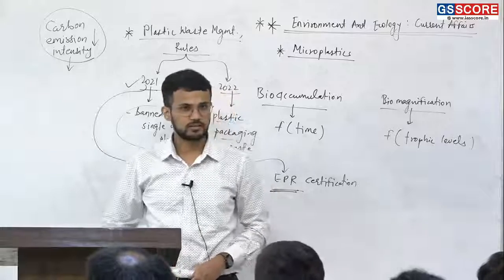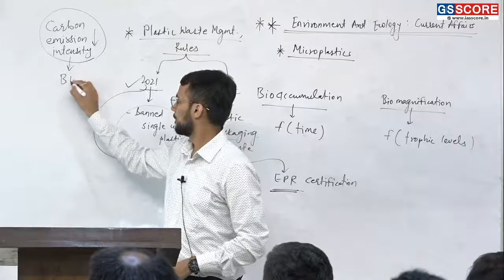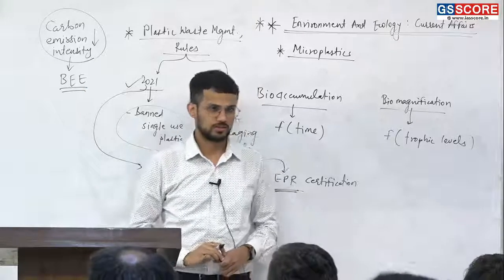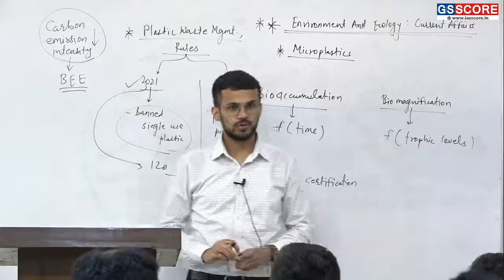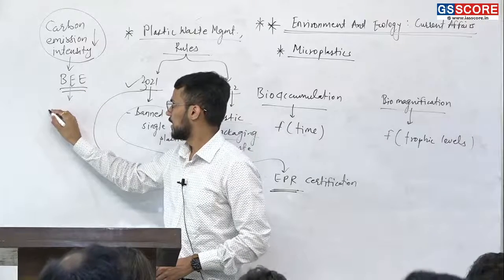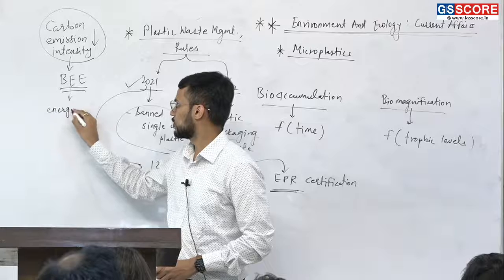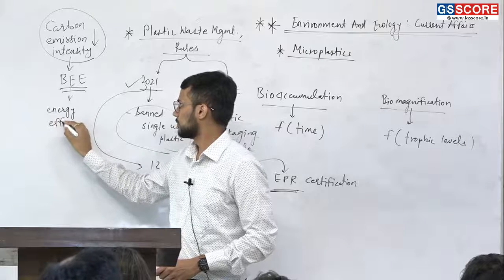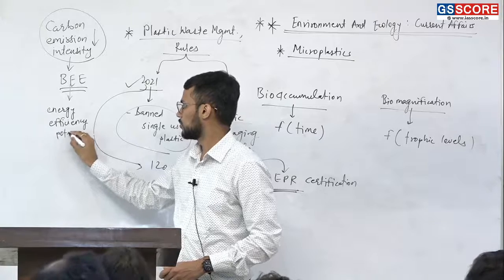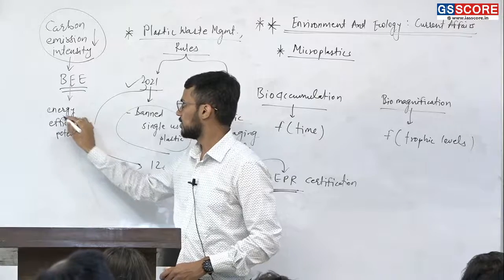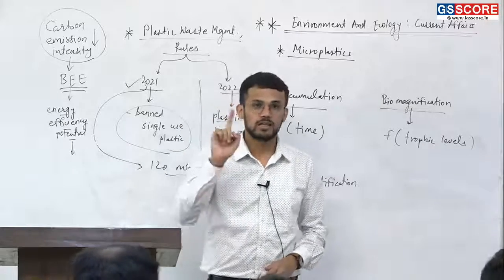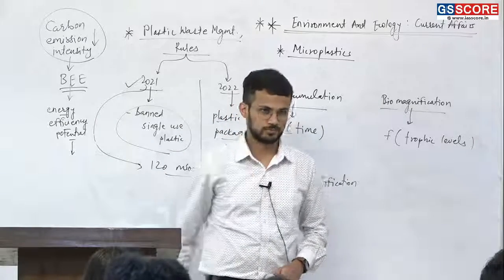It is the Bureau of Energy Efficiency, right? The Bureau of Energy Efficiency works for achieving energy efficiency potential. And if we want to achieve energy efficiency potential, we will have to reduce our energy intensity.